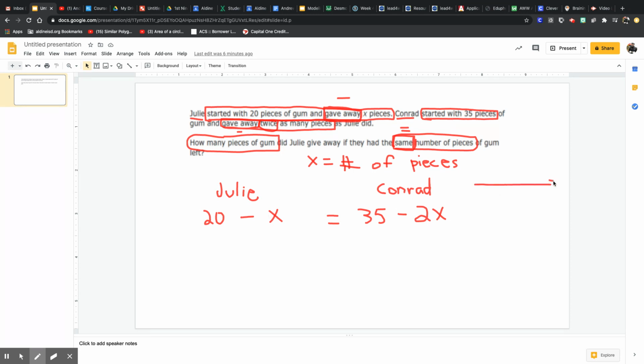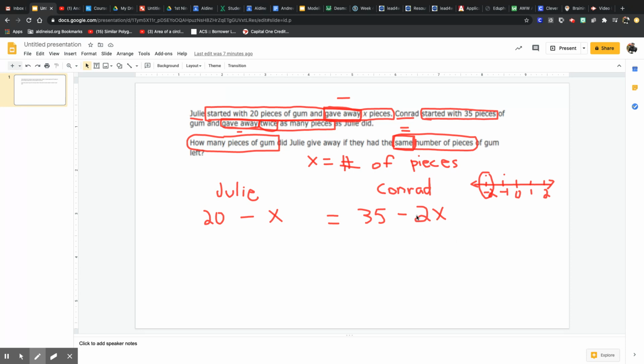So remember our number line. To the left of 0 are my negative numbers, and to the right of 0 are my positive numbers. Here we have a negative 1x, and here we have a negative 2x. Which one's smaller? My smaller numbers go to the left, so this is smaller. So I want to get rid of this minus 2x first.